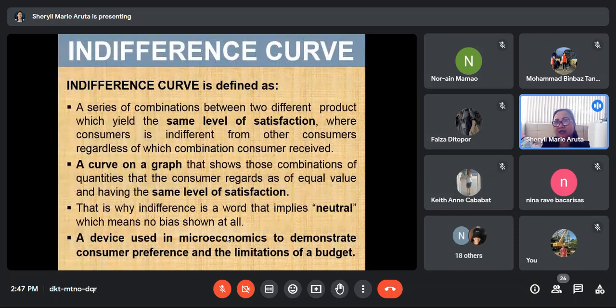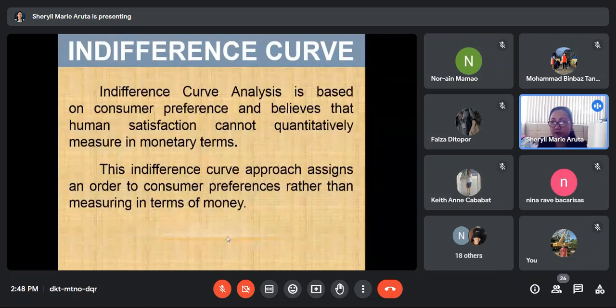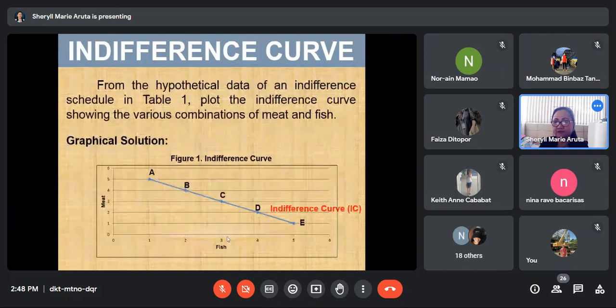So, mao ni gipasabot aning indifference curve. So, kung atong i-relate siya sa graphical solution, mao ni ang atong ma-expect sa graph, na whatever curve that lies in the graphical solution, they will have the same level of satisfaction. For example, kung tanaw nato, muanhi ta sa graph. Okay, this one. This is an example of indifference curve.